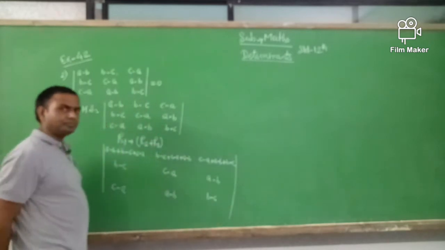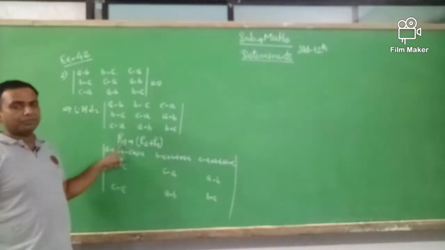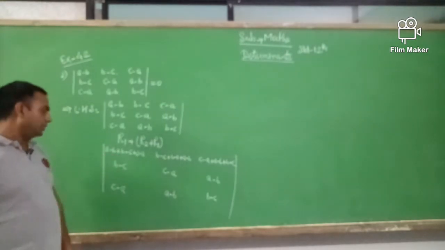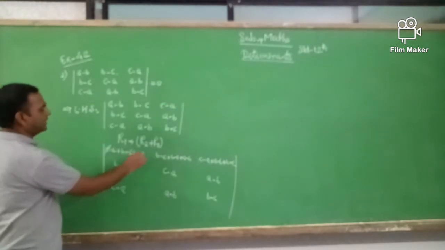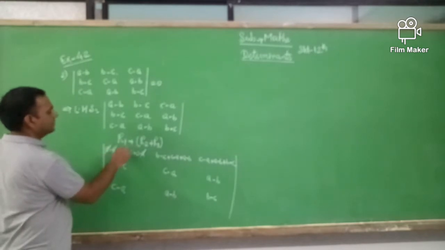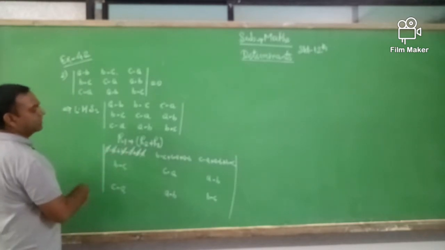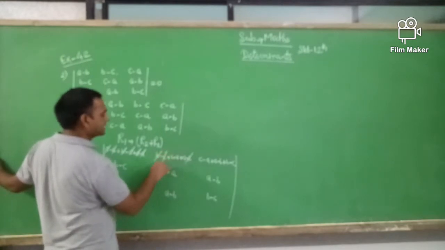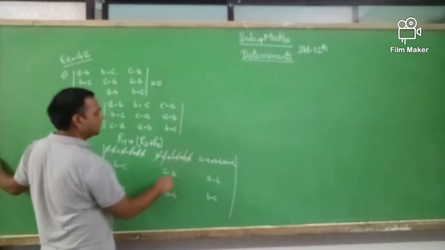Here the first row is added by the second and third rows. You can see a is cancelled by a, b by b, c by c. Similarly, since one is positive and the other negative, b is cancelled by b, c by c, a by a.